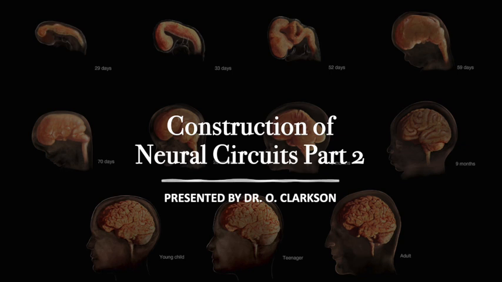Metencephalon turns into what? Pons and the medulla. The mesencephalon is where you find the substantia nigra in the midbrain. And then what does the myelencephalon turn into? I like to think of it as myelin. It sounds like myelination.